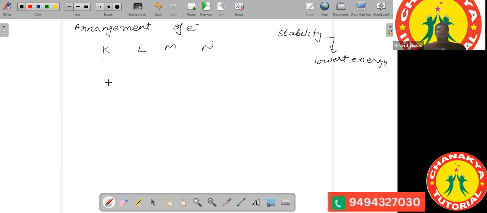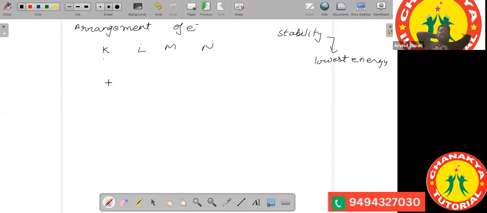Understood? Why is the K orbit filled first? Why can't the L orbit be filled first, and then fill the K shell? It's because of the energy.